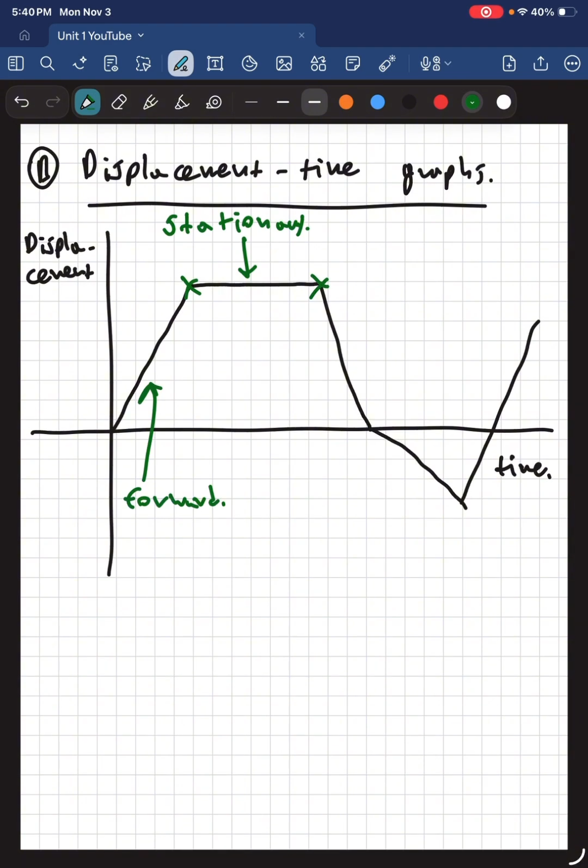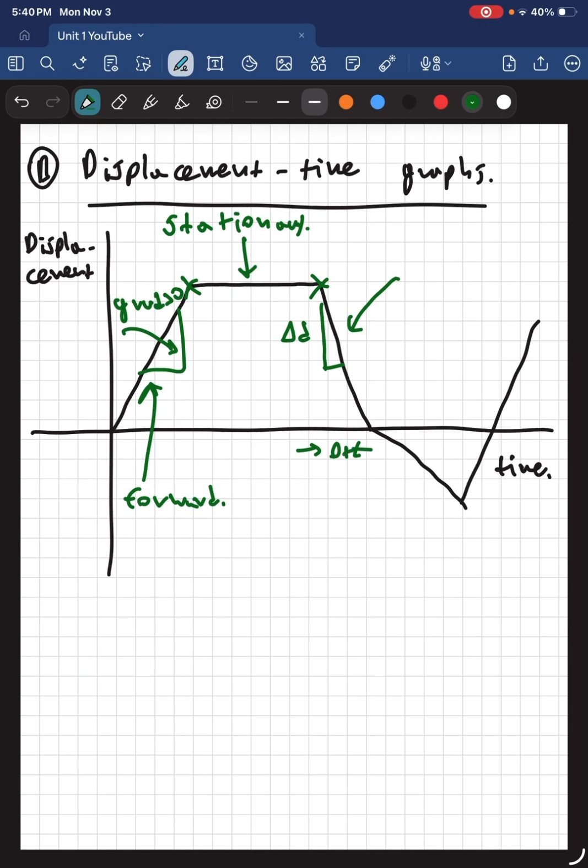0 speed means something is not moving. Now in this part of the graph we have a negative gradient. How do I know it's negative? The gradient here is positive, but to calculate the gradient here, this is your delta d, but your delta t is going to be negative.